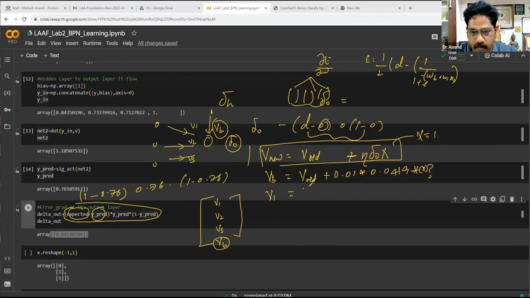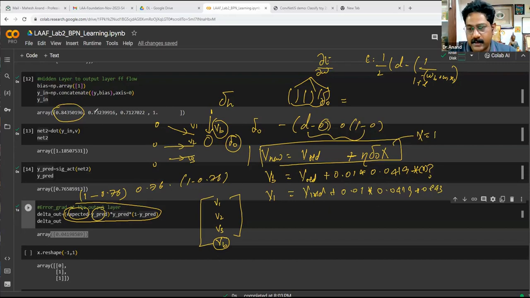So if I do V1, V1 old plus 0.01 times 0.0419, the same error delta, times what? I should multiply this with 0.843. What is that 0.843?